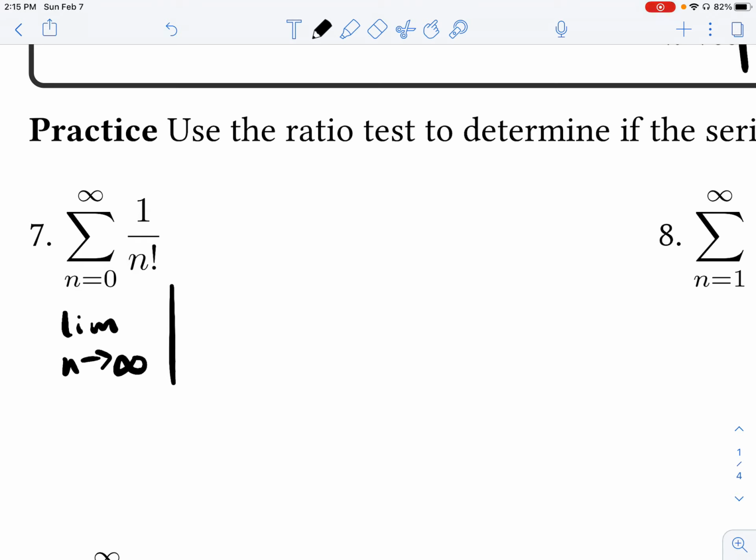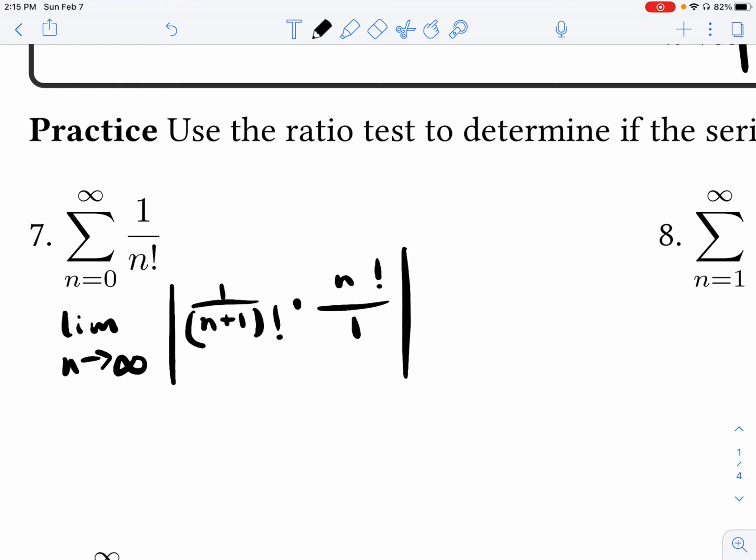So we're going to take 1 over n plus 1 factorial, and I'm going to divide this by a sub n. Well, when you're dividing by a fraction, it's the same as multiplying by the reciprocal. So I'm just going to write this as times n factorial over 1.